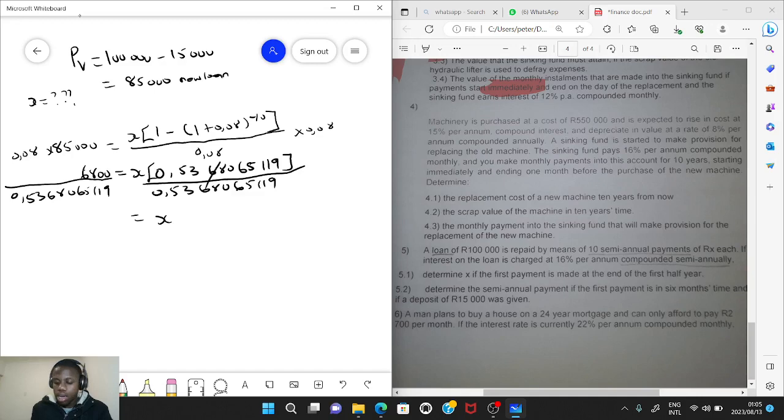And now what's my x? We divide by the answer. Now in this case, my x is 12,667.51. Now that's the new monthly payment if the person decides to pay a deposit of 15,000, right?